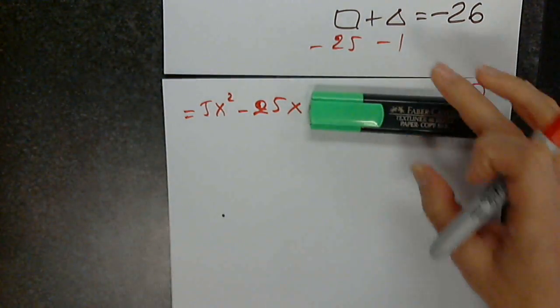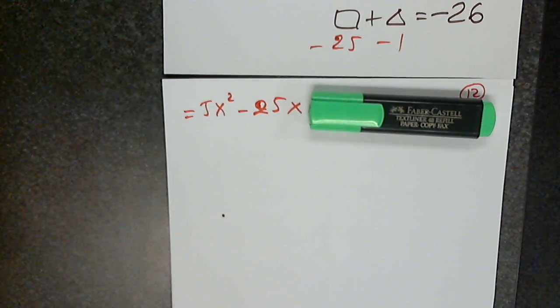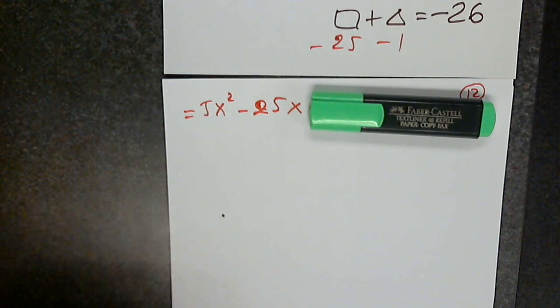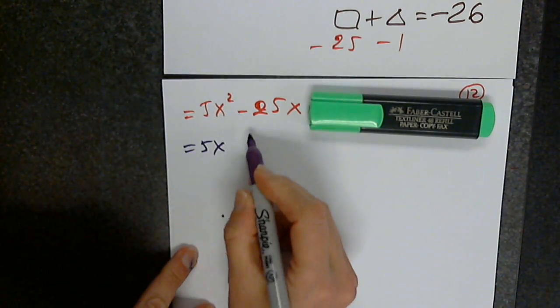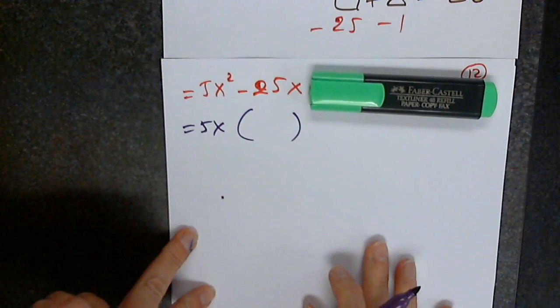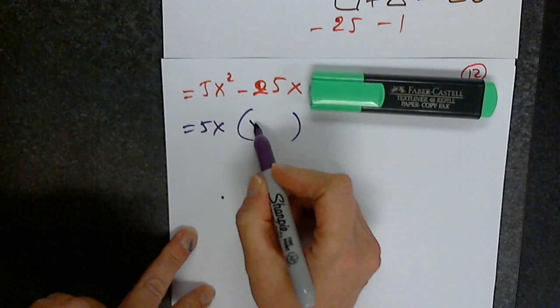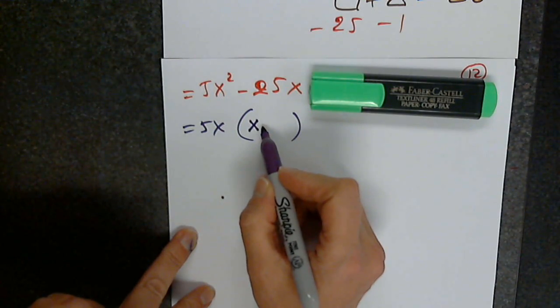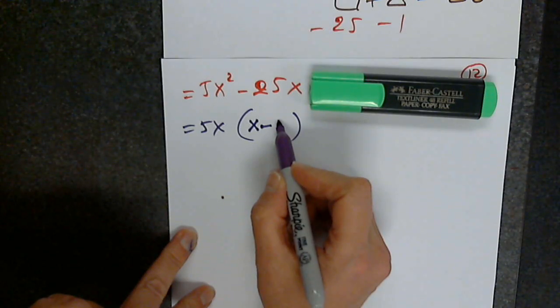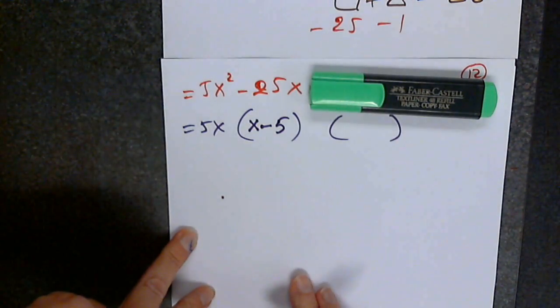So from the first two, what will I pull out? Good. What is left in parentheses? X. Good. What should I have from the other two?